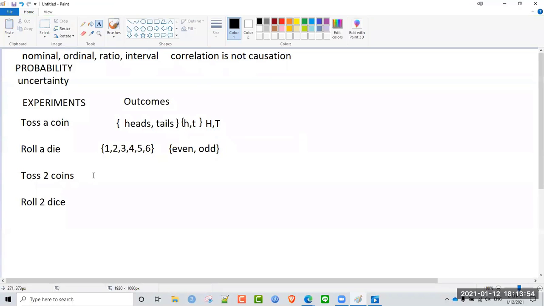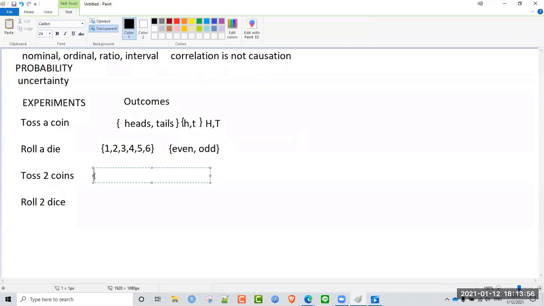Okay, now how about this one? If we toss two coins, how can we list all the outcomes? So let me call on people instead.